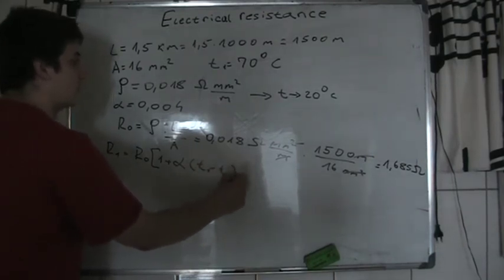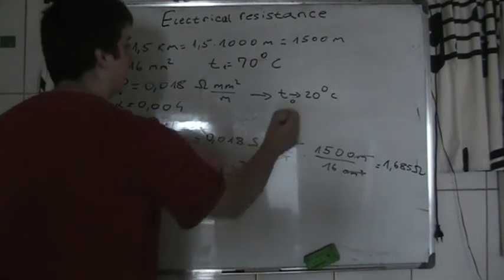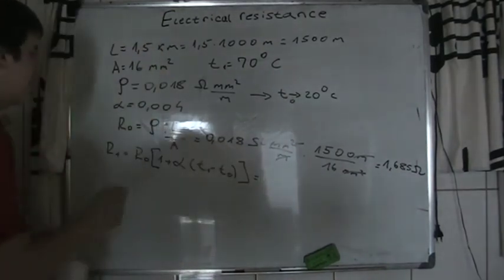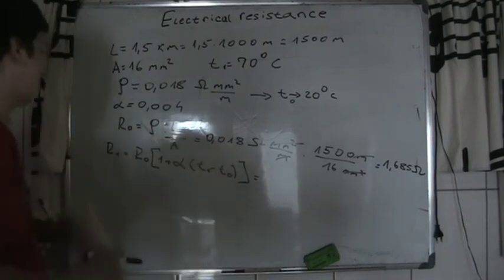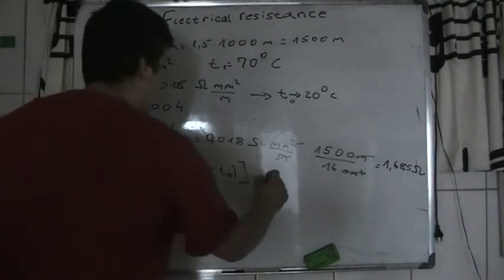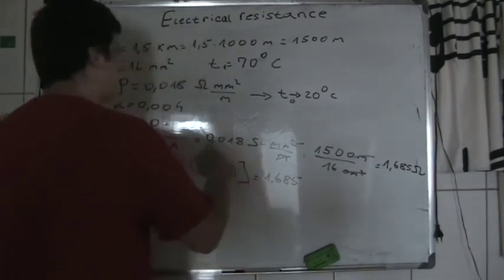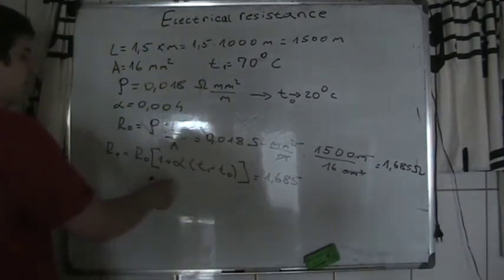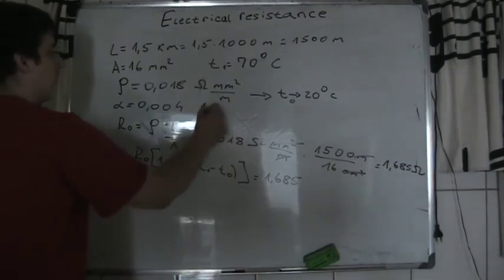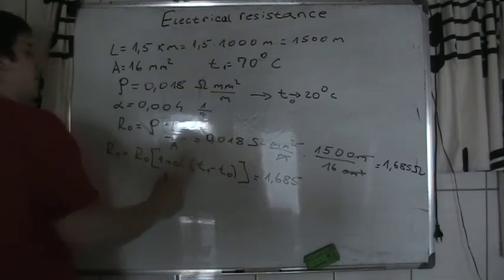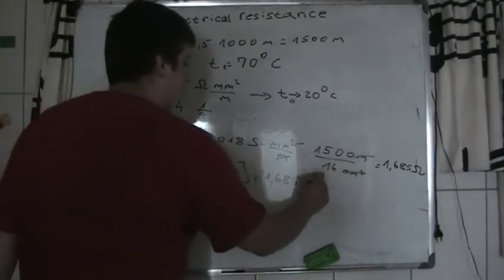Okay, so the formula for the resistance when you have temperatures is R equals R0 times 1 plus the temperature coefficient times T1 minus T0. This is T0, because we calculated this at 20 degrees Celsius. So next we have 1.685 ohms, and of course the temperature coefficient unit is 1 per Celsius, 1 divided by degrees Celsius.